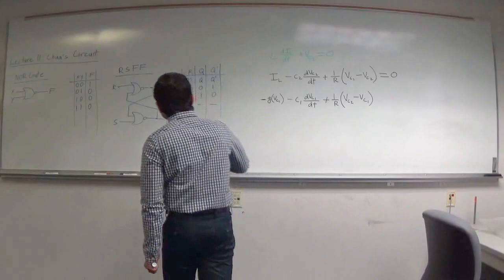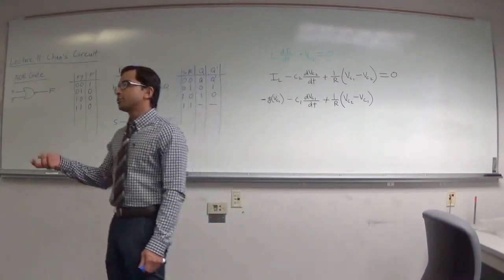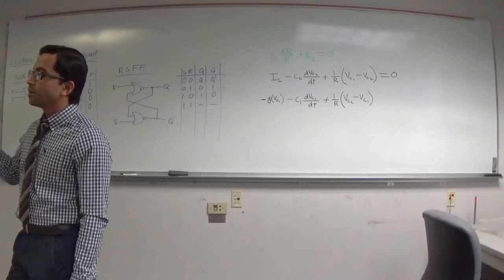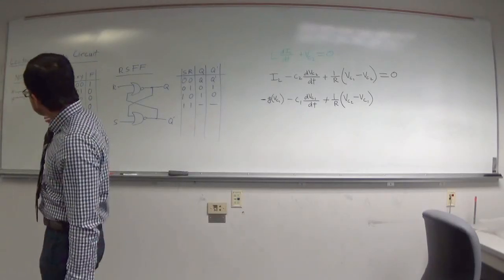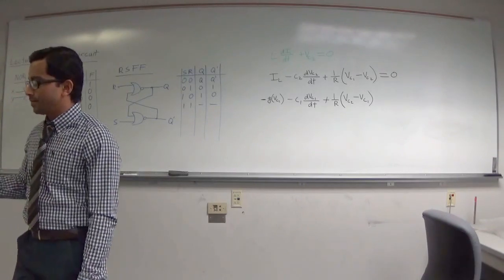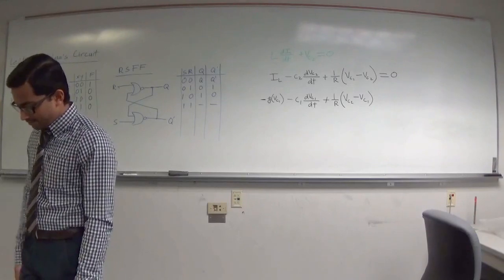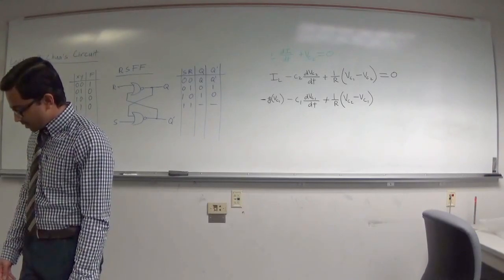So I don't know too much about the electrical engineering of it, but basically what they do is they take Chua's circuit and then they can create a NOR gate with it. So they take Chua's circuit and then they use this threshold, I forget what it's called.